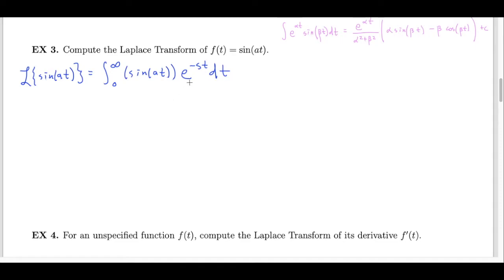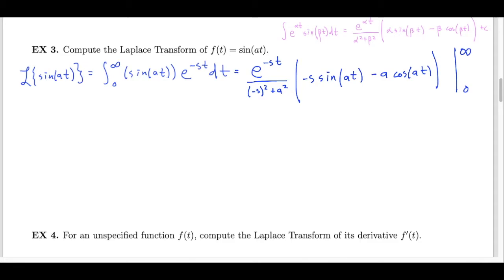So my alpha will be negative s, and my beta will be a. So, utilizing that formula, my integral becomes this expression here. So I have e to the negative st. Again, negative s is acting like the alpha in this formula. A is acting like the beta in this formula.